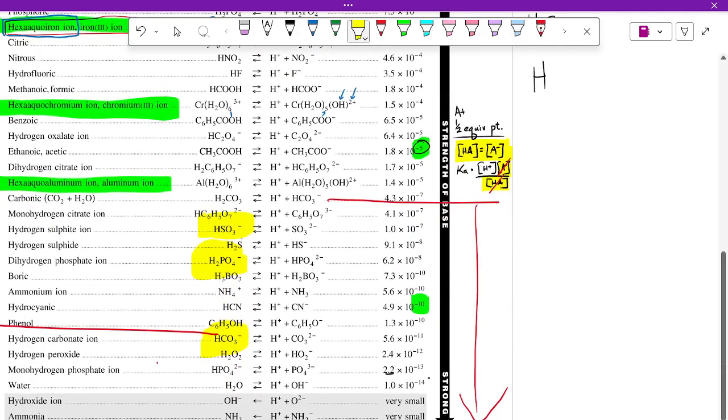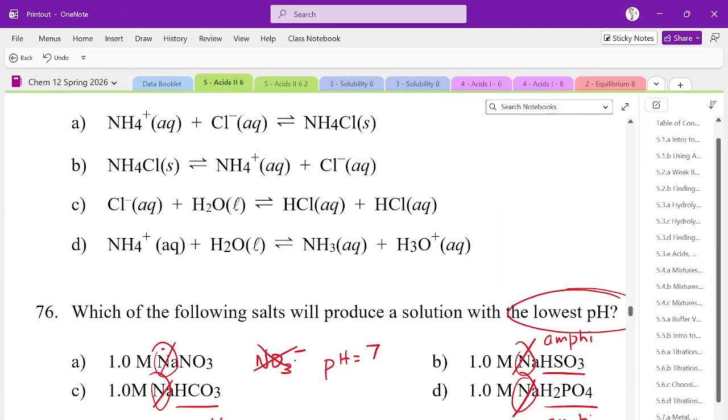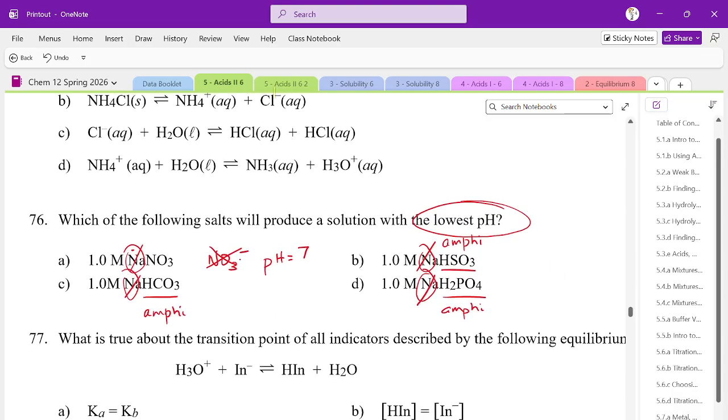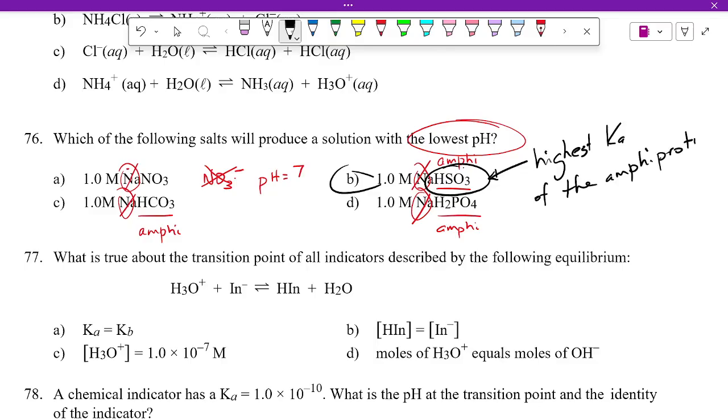So out of those 3, it would be HSO3 that is the most acidic because it is the highest Ka value. Does that make sense? Cool. Highest Ka of the amphiprotic anions.